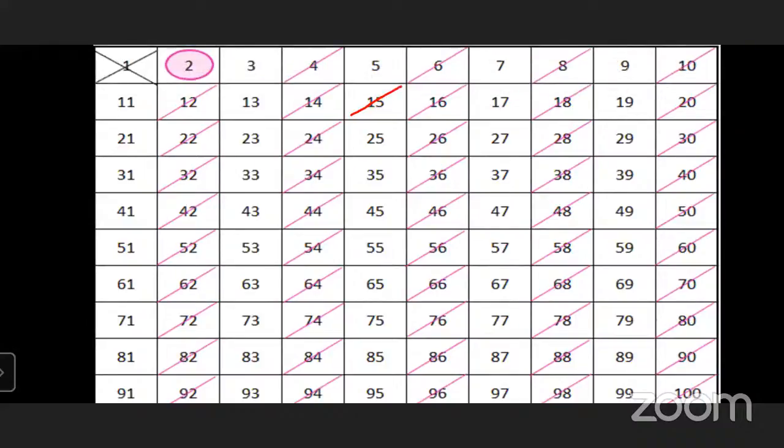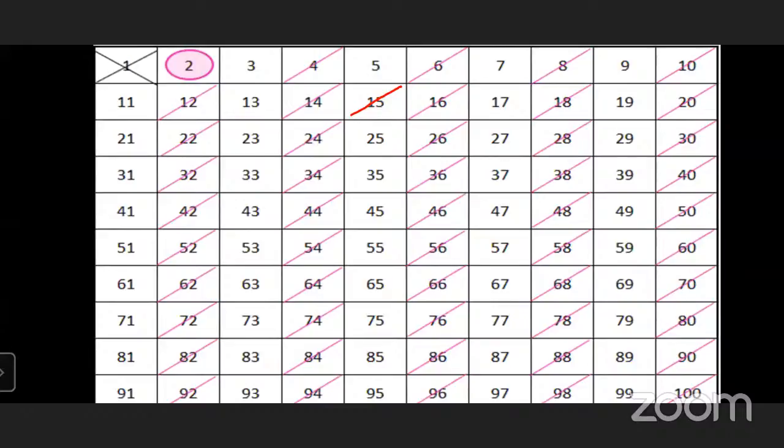And how many composite numbers are here? 74 composite numbers, and 25 are prime numbers.